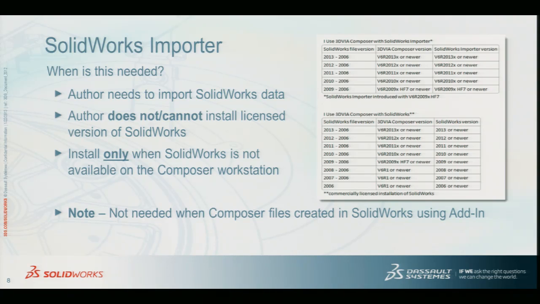Now I recognize that not every one of you is using the latest and greatest version of SolidWorks like I've got on my machine. There are reasons why you're not going to that latest and greatest version. You can actually have two separate versions of the two products on the machine. We're actually using an add-in in SolidWorks to load the files into Composer.